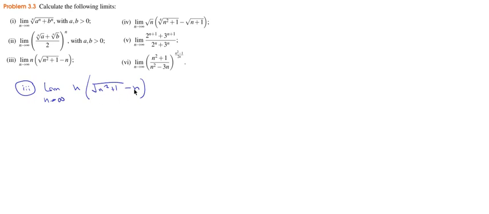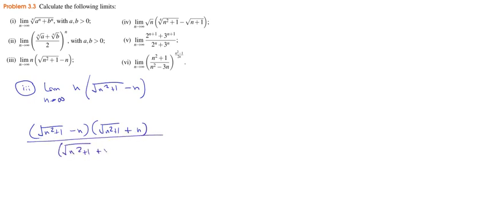Now whenever we have this thing, okay, the square root of something minus something, the way we deal with this is we multiply by the conjugate, which is the expression that's the same, but instead of subtracting is summing, and divide by it. Okay, so if you multiply and divide by the same thing, if it's not 0, you have the same expression.